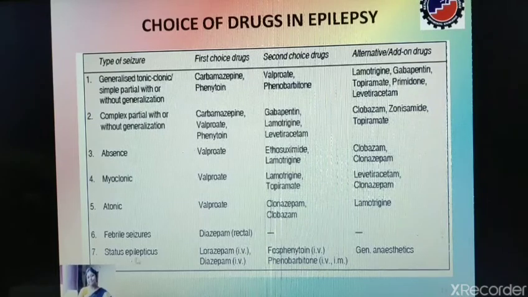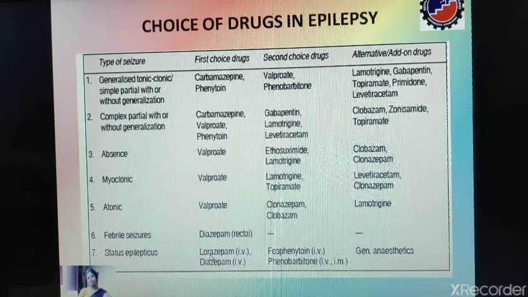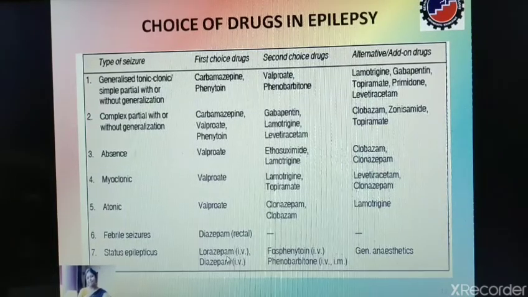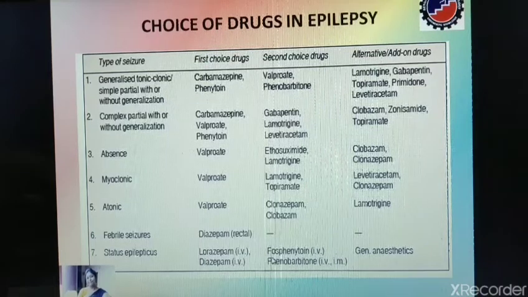We have discussed status epilepticus in our second video lecture, and we have seen there that we had the first choice of drug. We had administered the patients with diazepam or lorazepam. Amongst this, the dose of lorazepam was lower than that of diazepam. The second choice was fosphenytoin or phenobarbital.